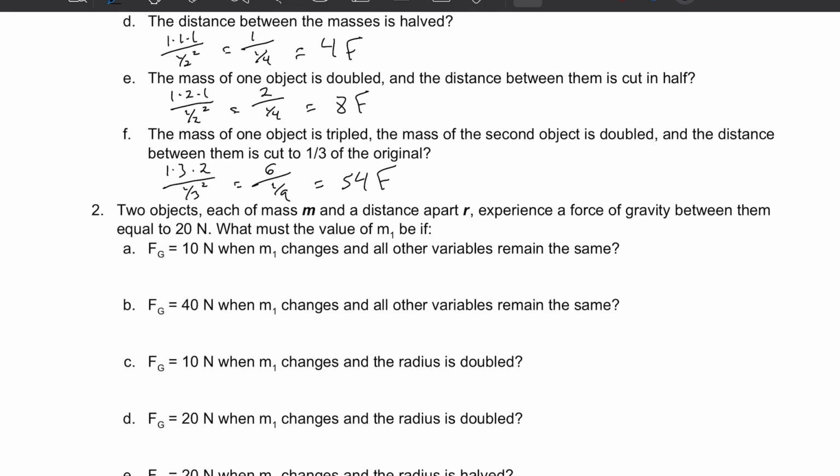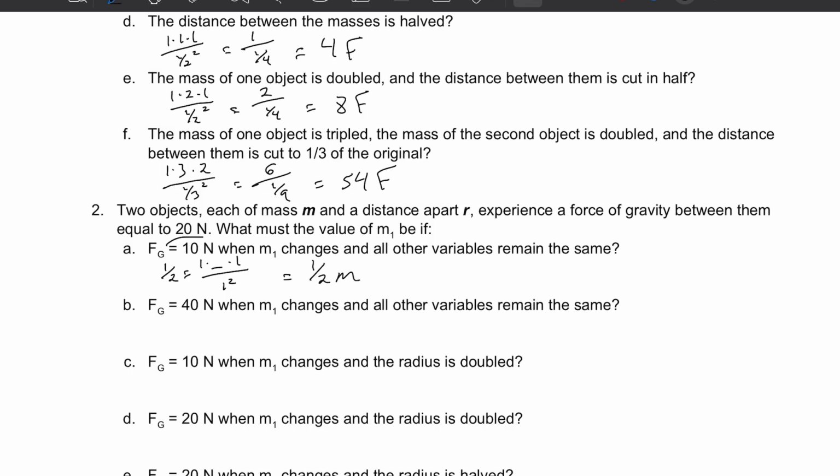For number 2, the force is 20, and then they're going to tell us what the change to the force is. So our 1 times 1 times 1 over 1 squared has to equal what the change is, right? So A is going to equal 1/2 because it went from 10 to 20. So our 1 times 1 times 1 over 1 squared has to equal 1/2 to show that 1/2 change. I'm leaving a blank for where this is. So what is the change to that mass at the top to make it equal 1/2?